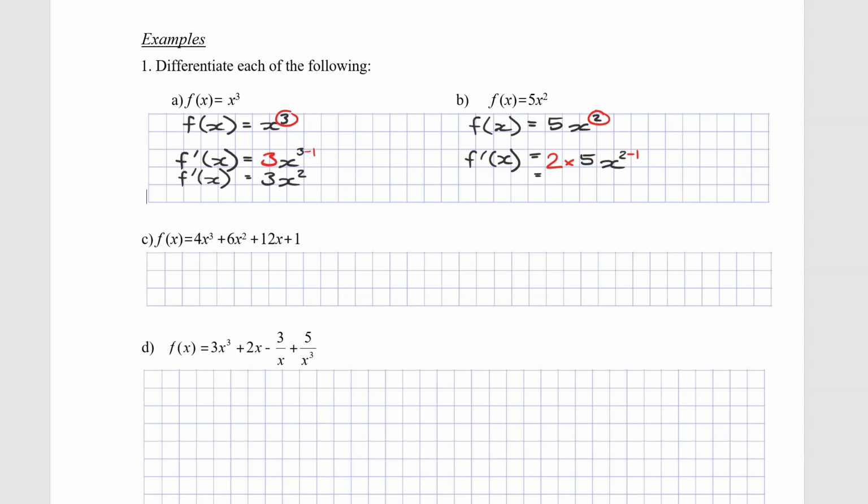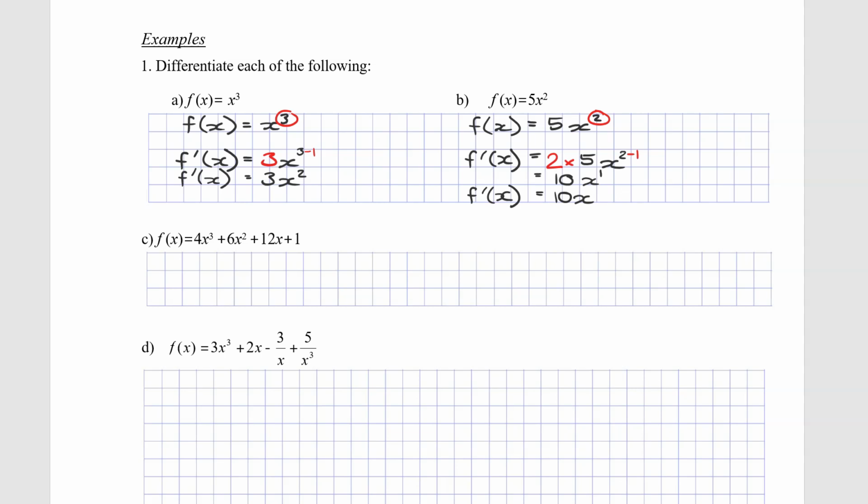Evaluating, so these two coefficients, it's going to become 10x to the 1. And we know using our index laws, we don't need a 1 there because the 1 is implied. So we can go 10x. So the derivative of f of x, or the derivative of 5 times x squared, is simply 10x.